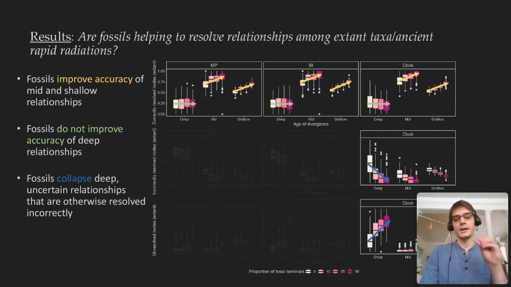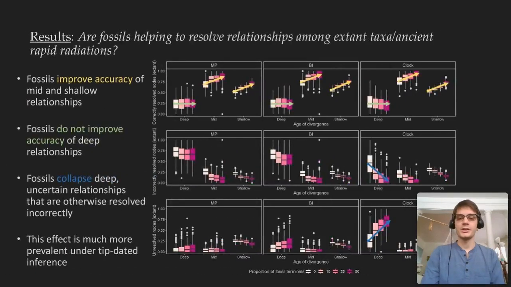And this specific targeting and collapsing of deep uncertain relationships is something that we see exclusively under tip dating methods. There is some similar trend across Bayesian inference and maximum parsimony, but nothing to the extent that we see for tip dating. And this might be a big reason why this method is outperforming all of the rest.